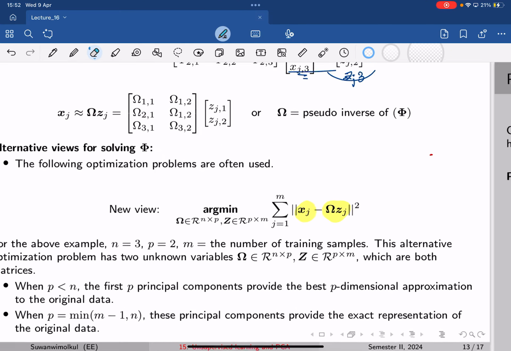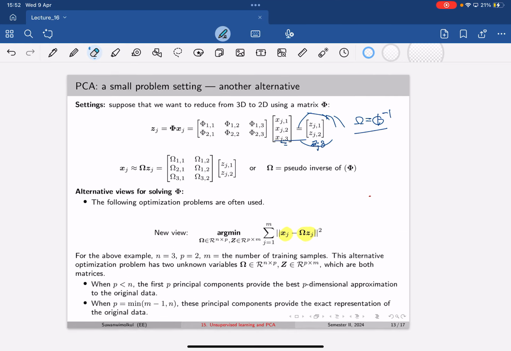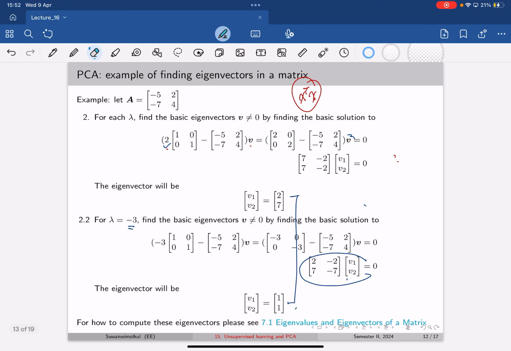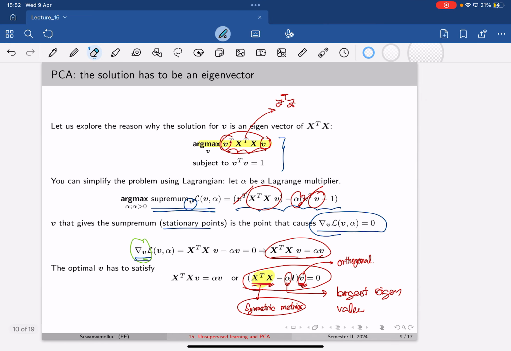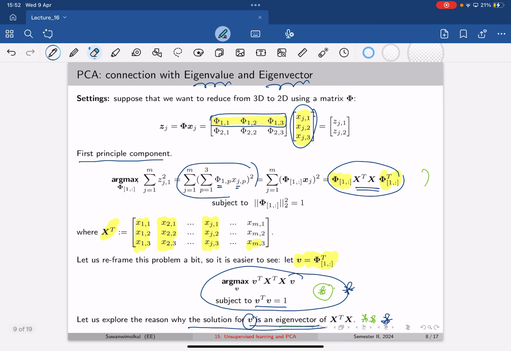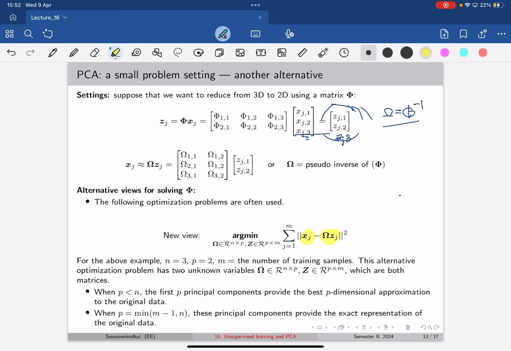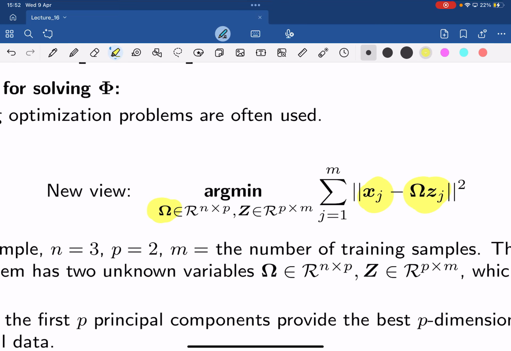Another thing to notice is that previously our primal problem involved finding only the phi matrix, but here you have to find both the omega matrix and the Z vector.